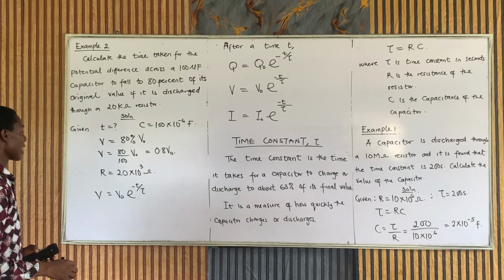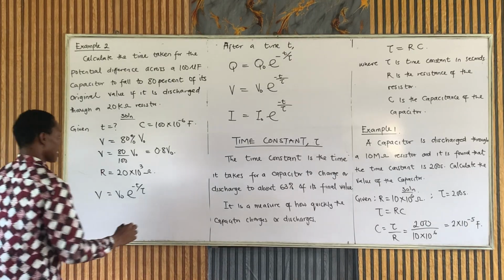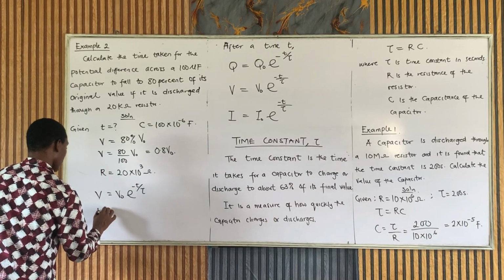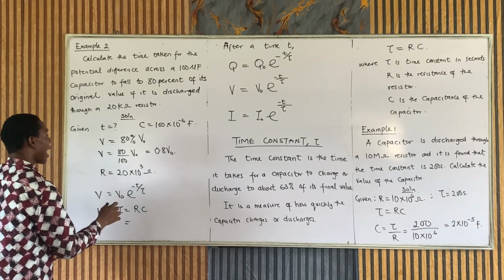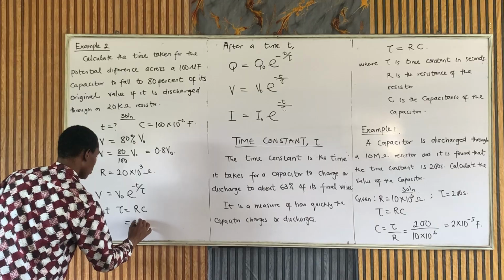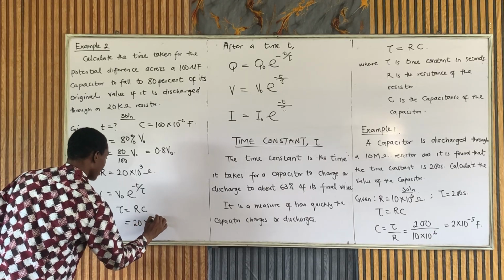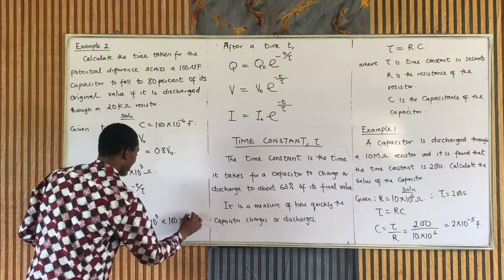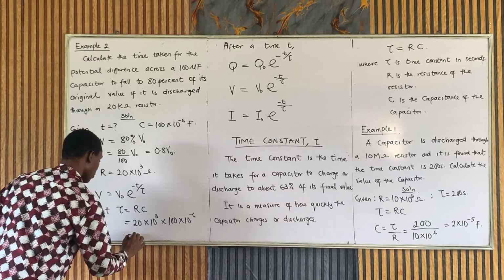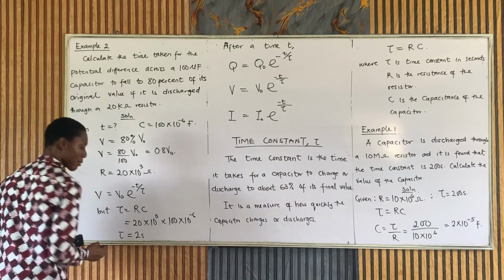Now, the first thing we need to do is to calculate our tau. Remember, tau is equal to R times C. Our R here is 20 times 10 raised to the power 3 times 100 times 10 raised to the power minus 6. This will just give us 2 seconds. That's our time constant.